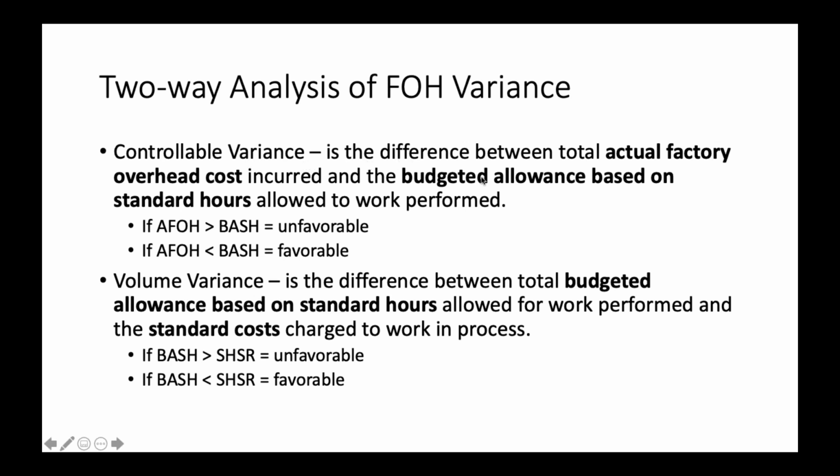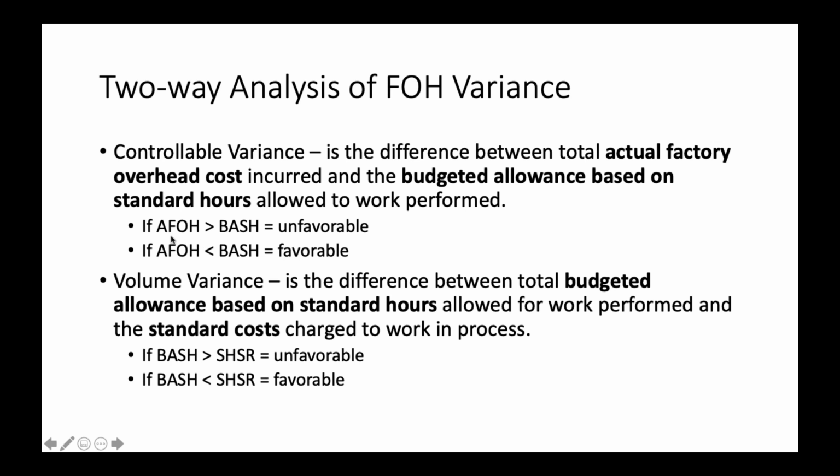Controllable variance is the difference between the actual factory overhead cost and the budgeted allowance based on standard hours. So the code here is AFO, actual factory overhead, and BASH, budgeted allowance based on standard hours.